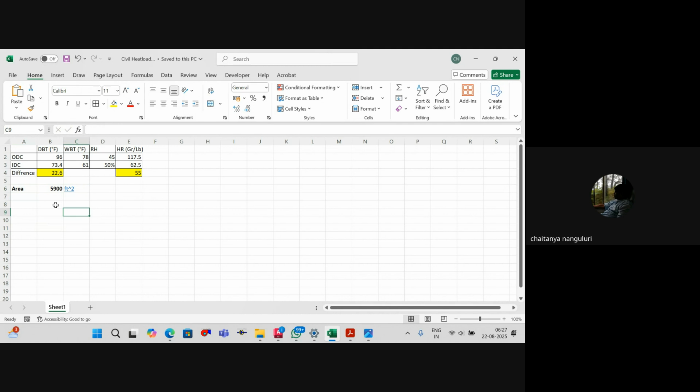We'll be calculating the following things. First of all, we'll write sensible heat gain due to exposed wall. All those things we'll start writing. Sensible heat due to exposed wall.